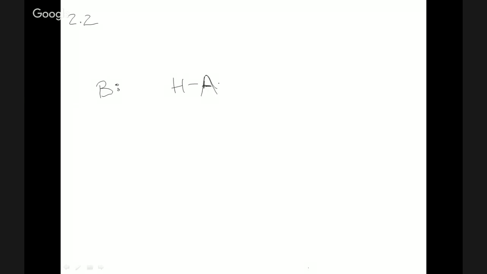It's a proton bound to something. A is nothing real, it's imaginary. Everything is in principle in equilibrium. That's really important. Everything can go backwards and forwards in principle. We're going to see in practice that's not the case, but what we're going to see is a proton transfer reaction, and in fact, both directions is a proton transfer reaction.